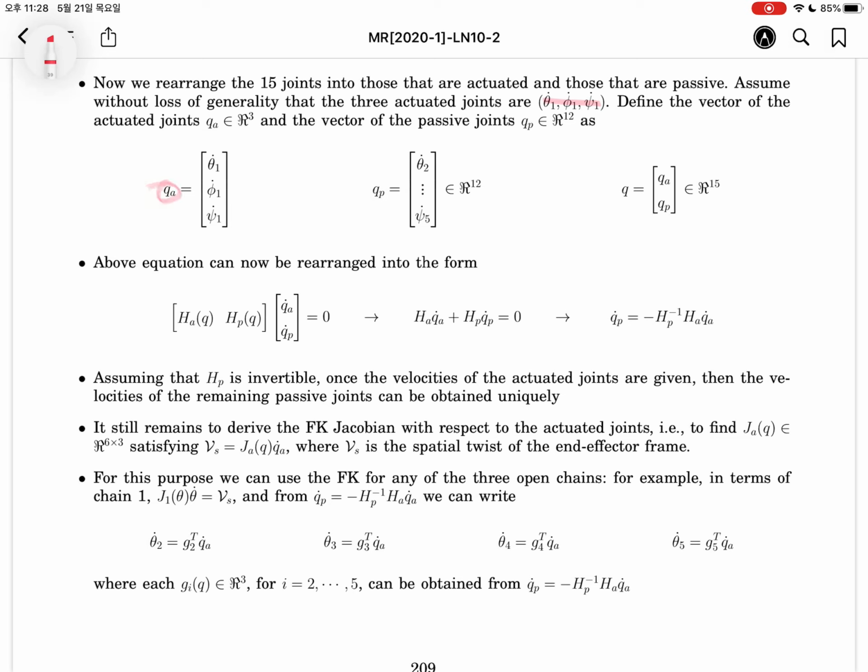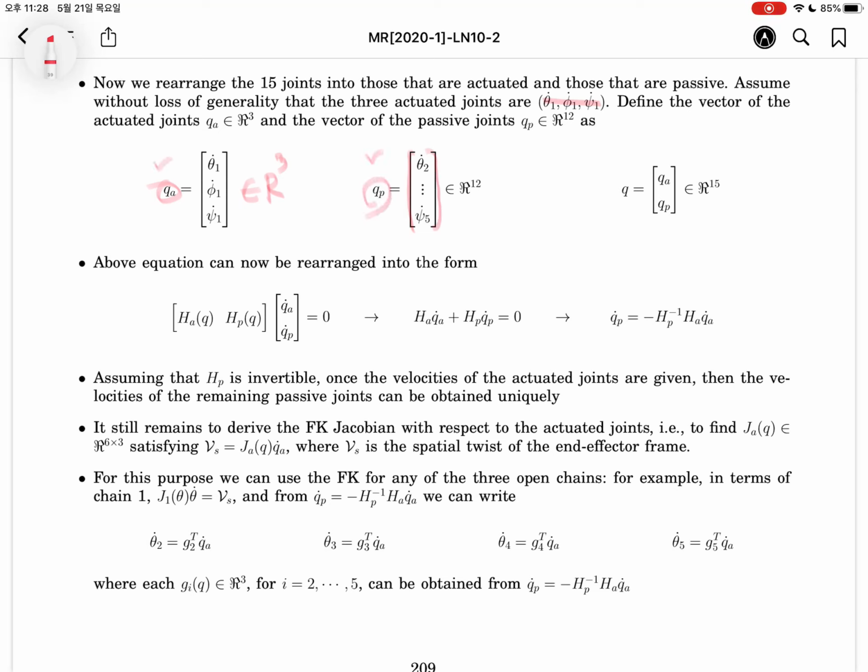So in here, theta 1 dot, phi 1 dot, psi 1 dot will be collected to denote the active joint vector in R3. The remaining 12 elements will be the passive, so we will denote them as qP.